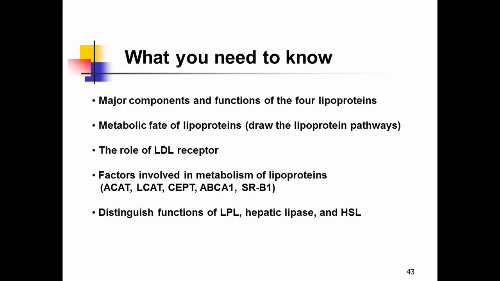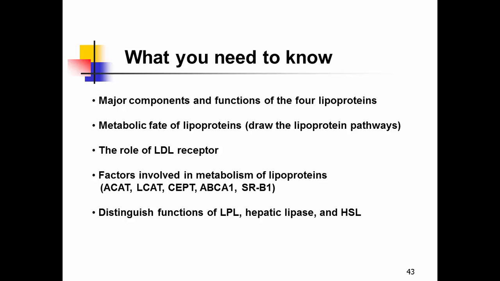And the second thing is the metabolism, right? So you probably want to review the whole pathways, for example, how chylomicron is metabolized. First it is synthesized in the small intestine as the nascent chylomicron, and receives ApoC and E from HDL and becomes mature chylomicron, right, and goes to the adipose tissue.